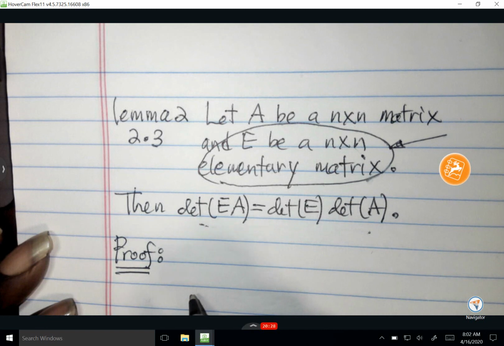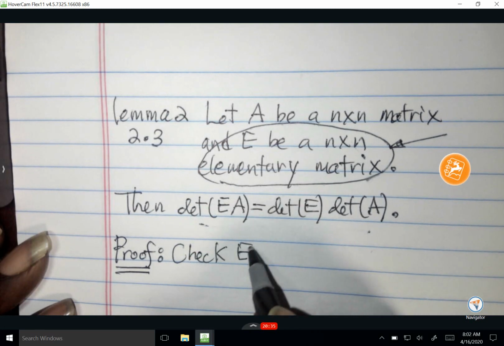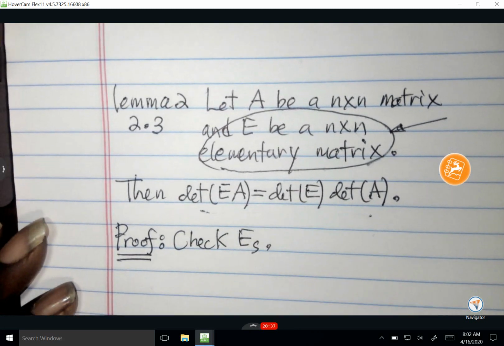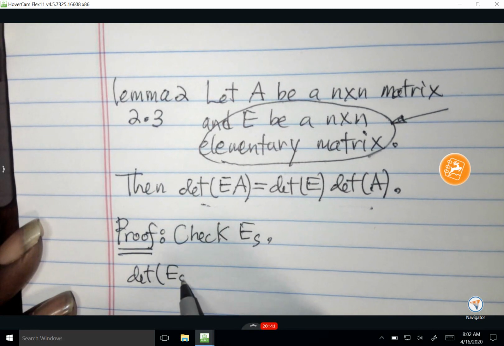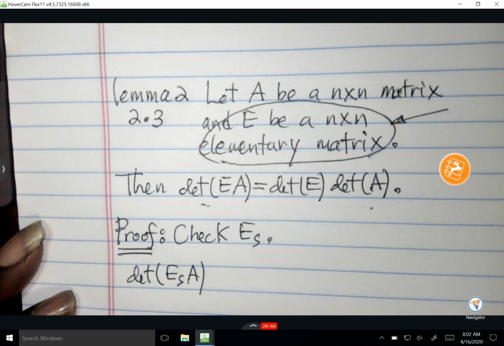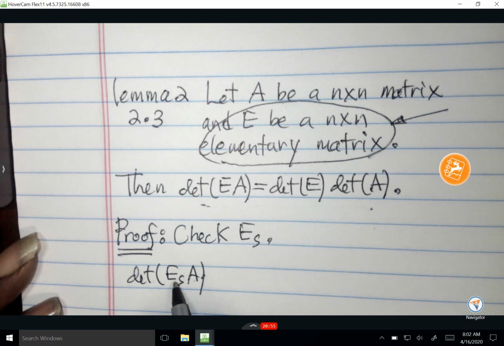Okay, let's check ES, E-switch. If I look at the determinant of E-switch times A, remember by Theorem 1 in 1.10, when we multiply on the left a matrix by an elementary matrix, it does that row operation on the matrix for you.